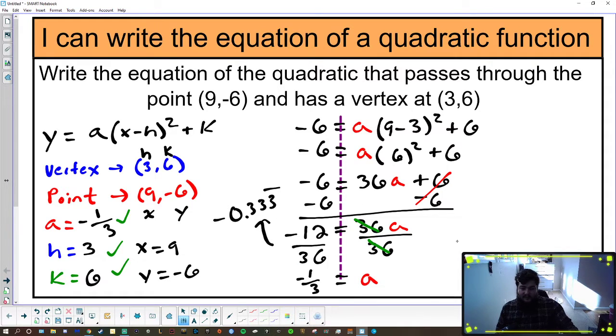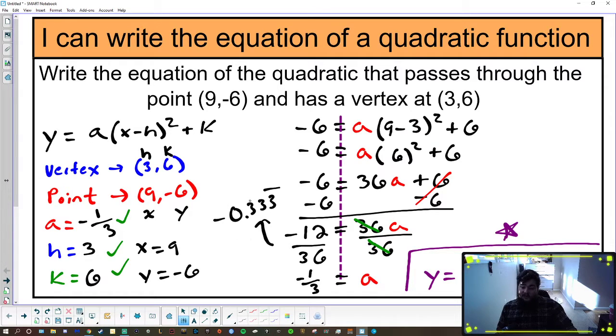So we leave our y and our x in our equation. y equals a value, negative 1/3, times x minus h value, 3. Don't forget that squared, plus k value, which was 6. This is the equation of the quadratic that passes through the point 9, negative 6, and has a vertex of 3, 6. And we're finished with the problem, and this is our answer.